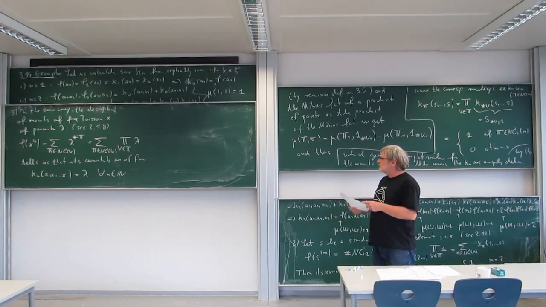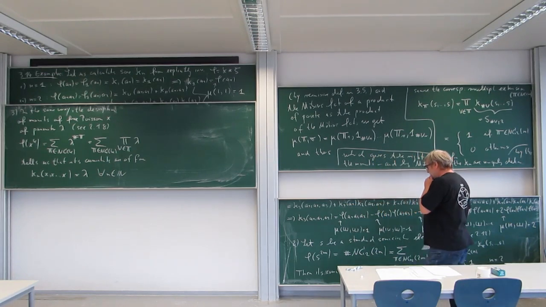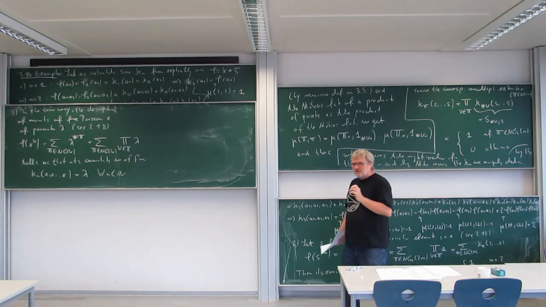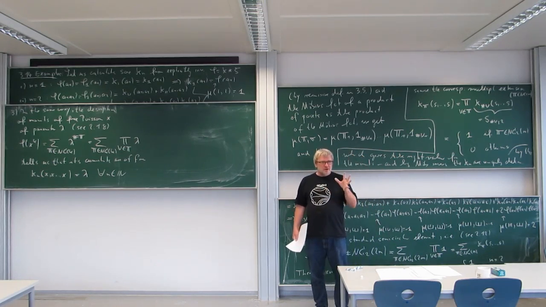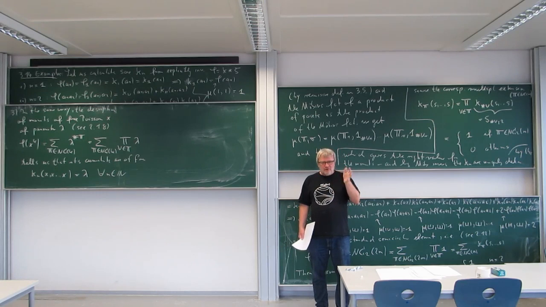So this was some examples about this. And now we want to continue to look a little bit more on properties of these cumulant functionals. Cumulant functionals, they are linear functionals in algebra. We have an algebra from which we have our random variables, and we defined those kappas. And we know they are multilinear. So the linear structure is clear.